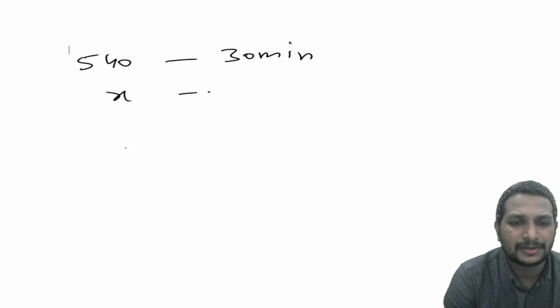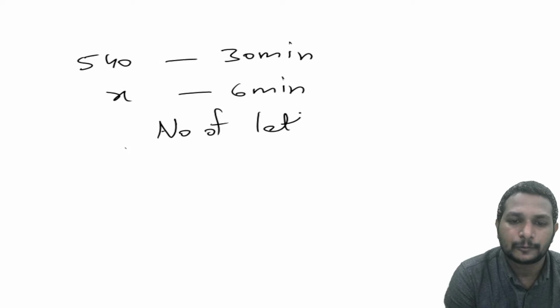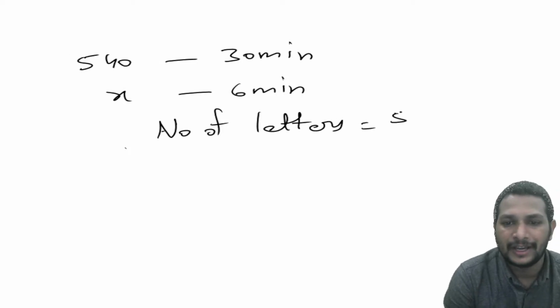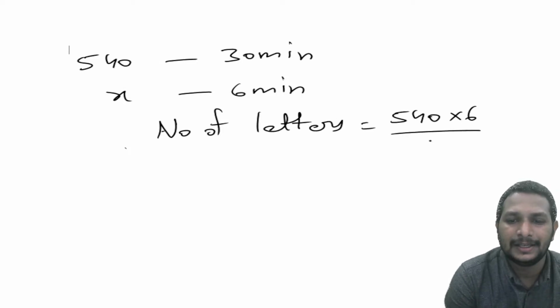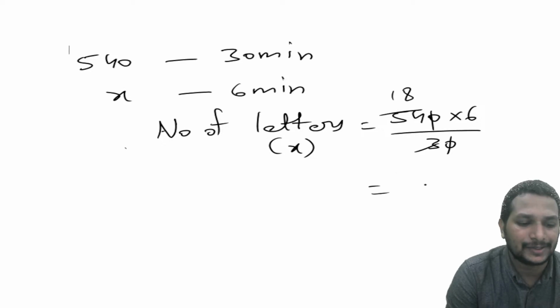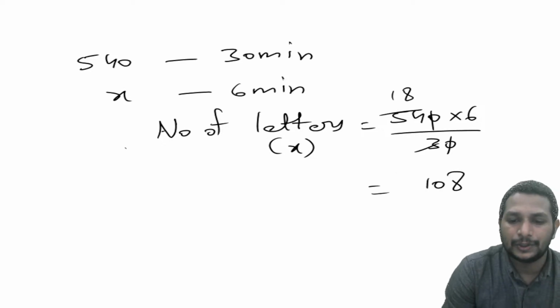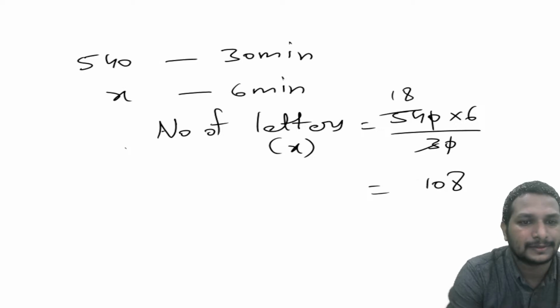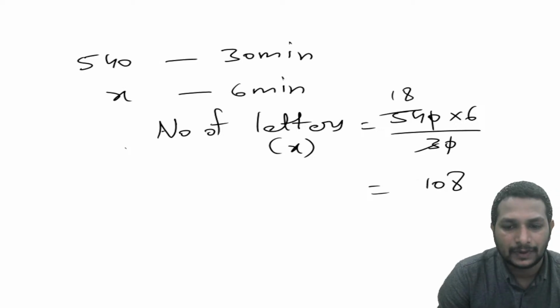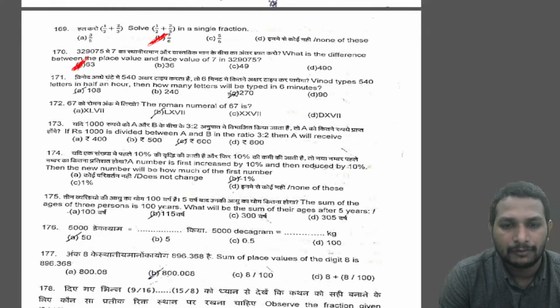So how many can be typed in 6 minutes? Number of letters equals 540 into 6 by 30. 0, 0 gets cancelled, 3 into 18 is 54, so 18 into 6 is 108. The answer for this question is 108, which is nothing but option A.